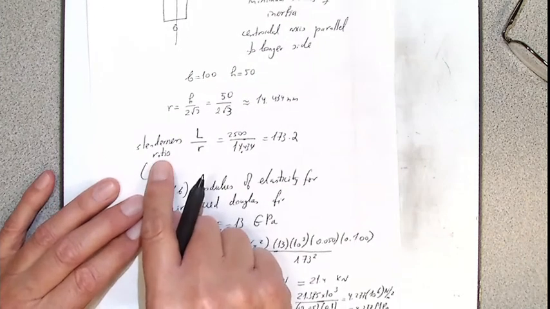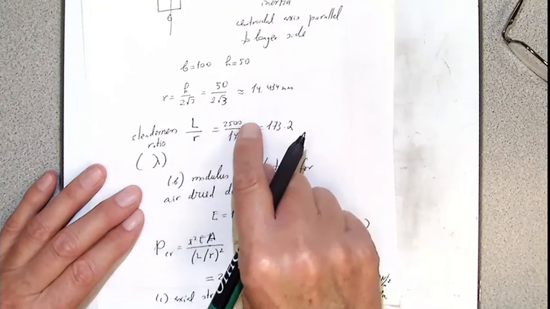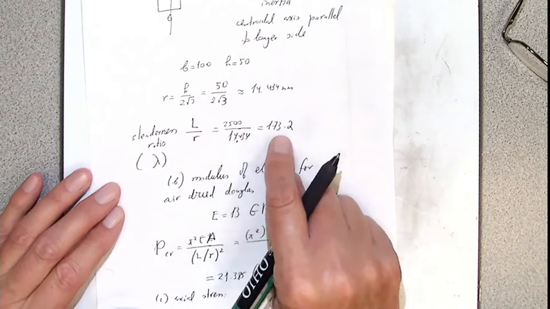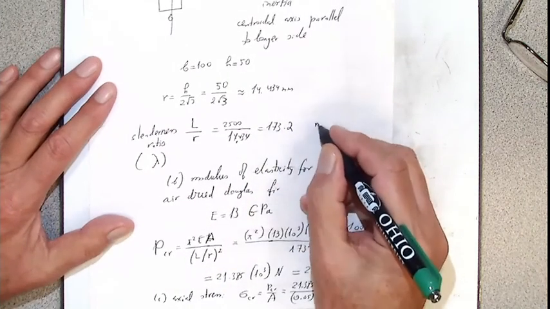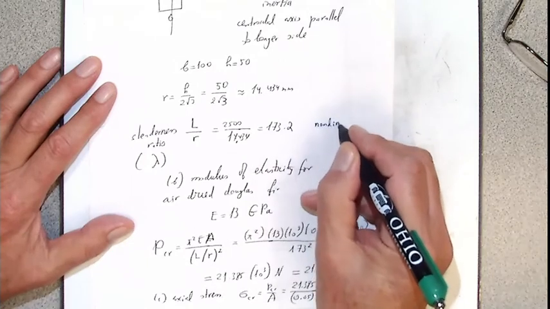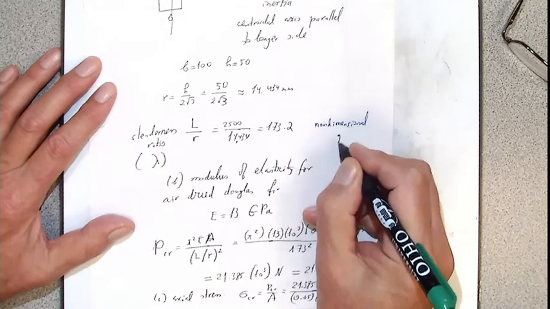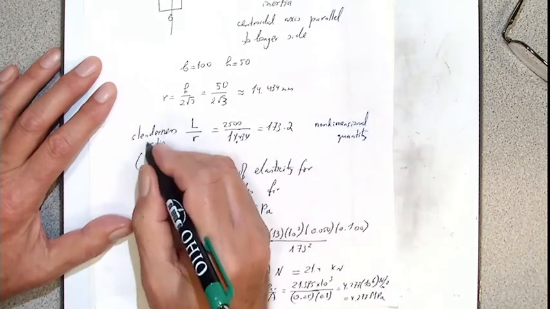Slenderness ratio, L over R equals 2,500 divided by 14.434 equals 173. So slenderness ratio is a non-dimensional quantity. It is indeed called ratio.